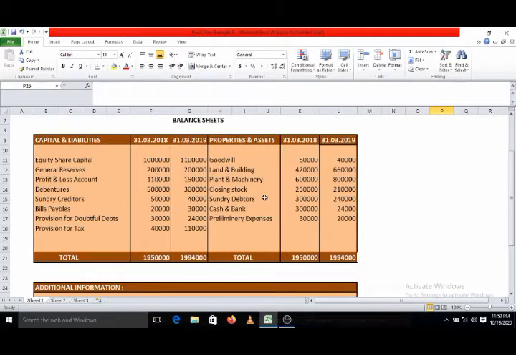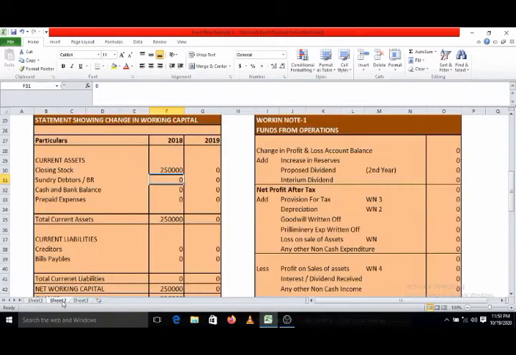So again we have to take the net effect. We are supposed to take the net debtors, that is sundry debtors before RDD minus RDD. The gross debtors are rupees 3 lakhs and the provision is 30,000. So 3 lakhs minus 30,000 will be 2,70,000.